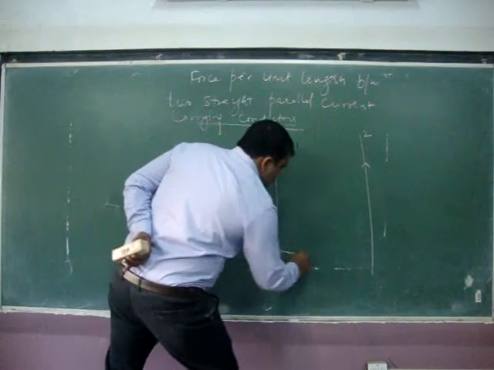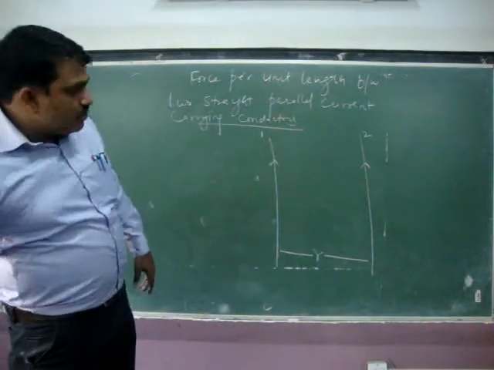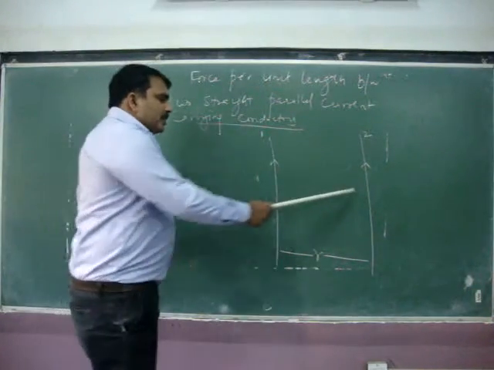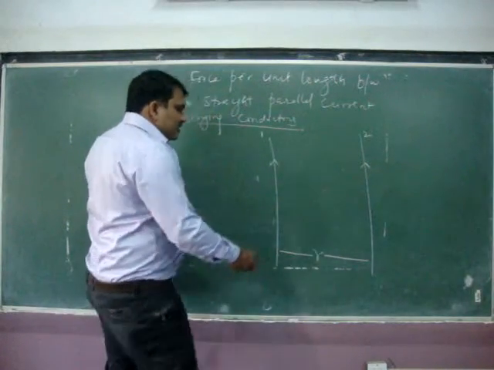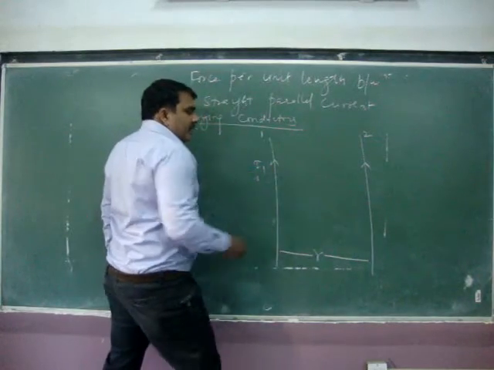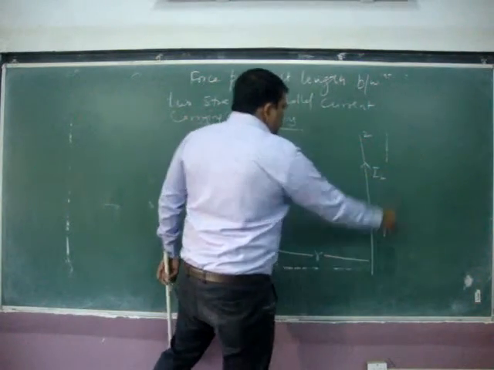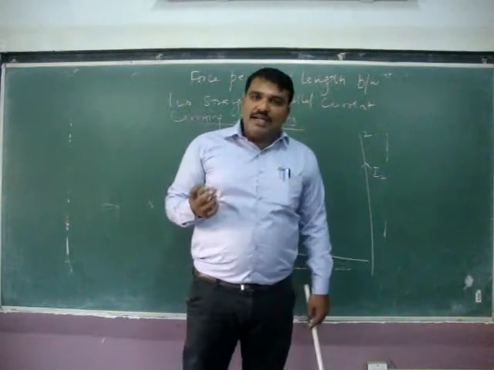Suppose the distance between the two wires is r, and let these two wires be placed in vacuum, or you can say in air. Suppose this wire is carrying current I1 and this wire is carrying current I2. And you know that a current carrying wire produces a magnetic field.